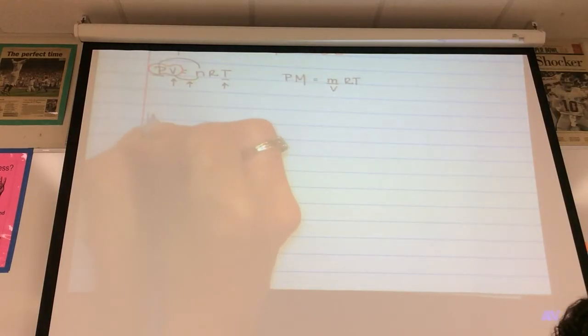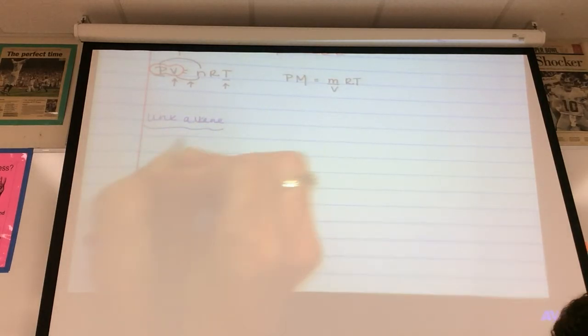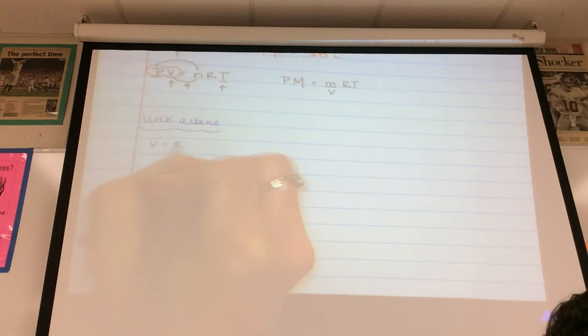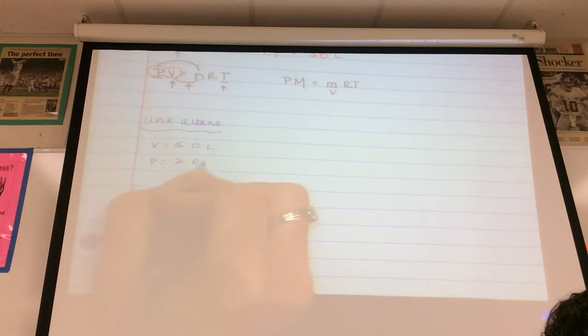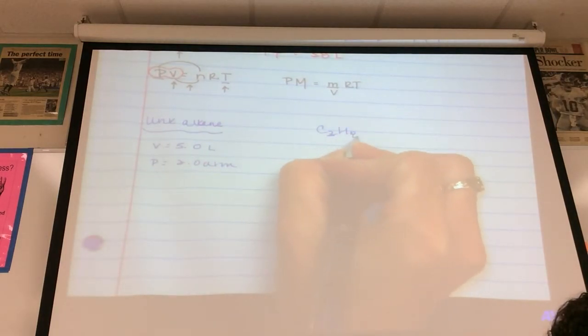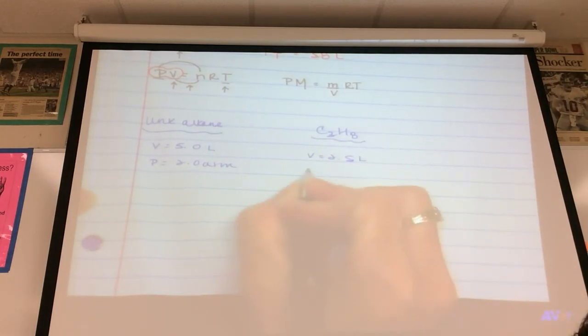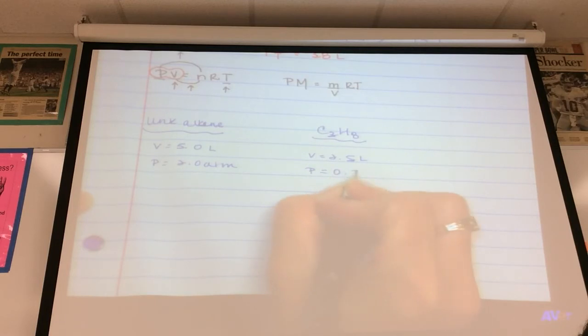I've got an unknown alkane on this side. The volume is 5 liters. The pressure is 2 atmospheres. I've got propane on this side. The volume is 2.5 liters and the pressure is 0.75 atmospheres.